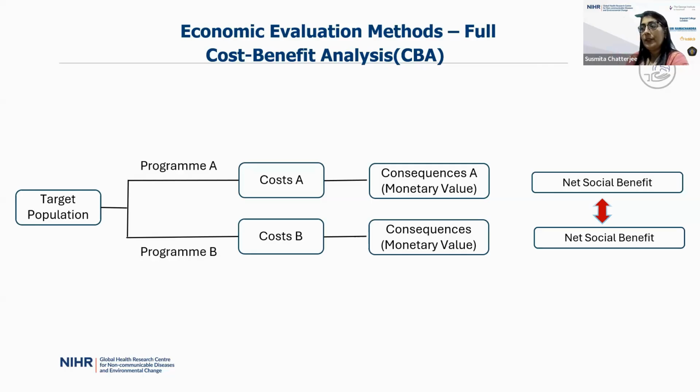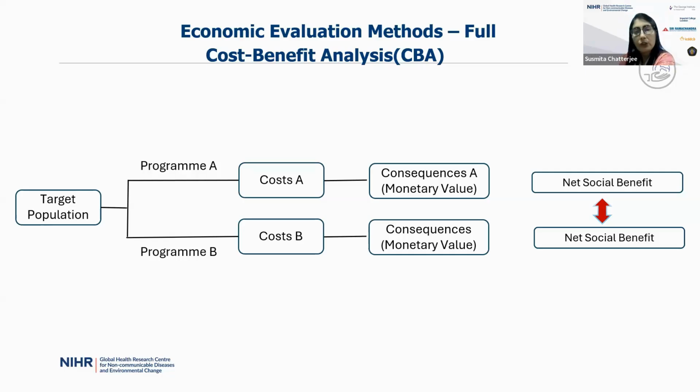In case of cost effectiveness, we can just say cost per death averted, cost per hospitalization, something like that. We can present the result in that way. But in case of cost benefit, we have to say that for this cost, I got this much of benefit in terms of money.